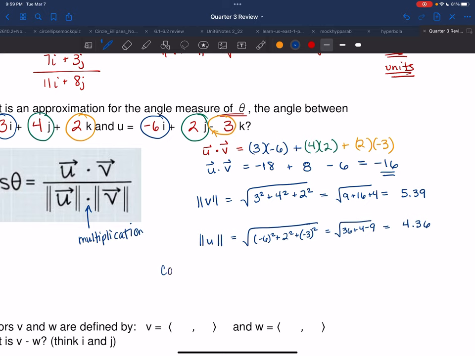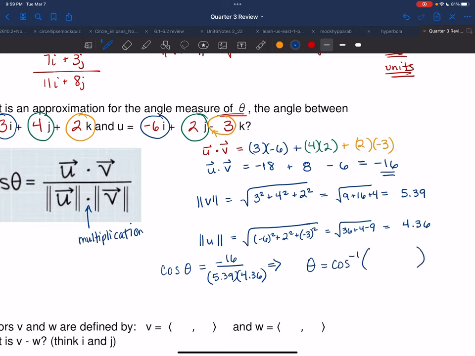So the cosine of theta is going to equal negative 16 over 5.39 times 4.36. And then to get the angle, I'm going to take the inverse cosine of all of that.